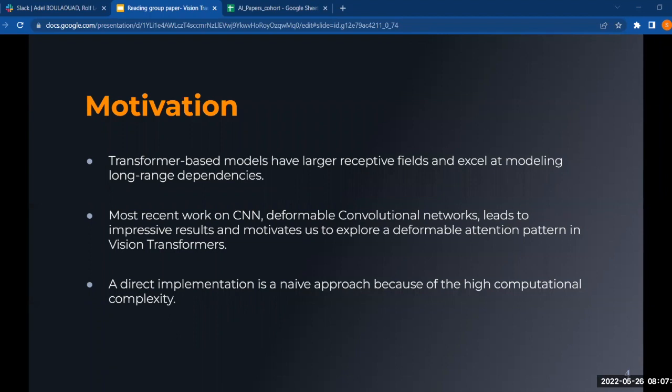A literal implementation is a naive approach because of the higher computational complexity. So the approach presented in this paper will take that into consideration. Next slide, please.